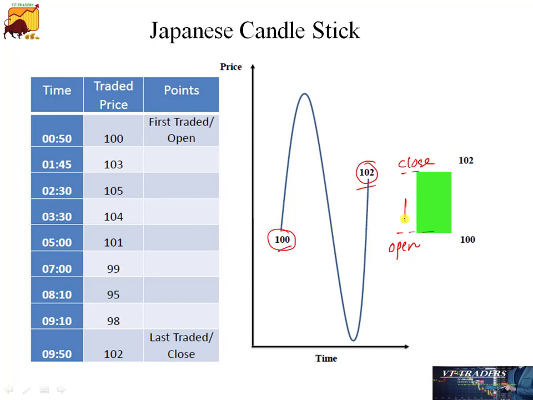The price is increasing gradually from 100 to 102, therefore it is shown in green color. So a candle is generally shown in green color. Now in between, how the prices are moving, we will see here.